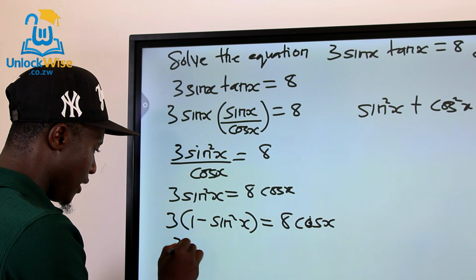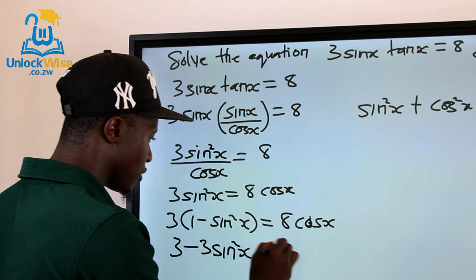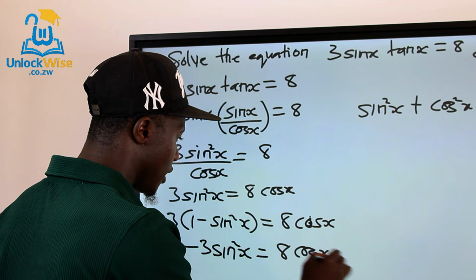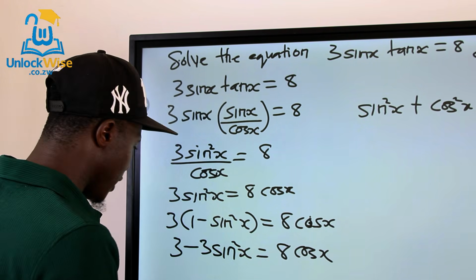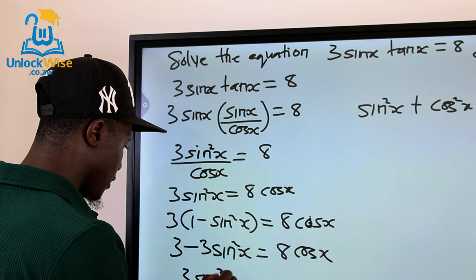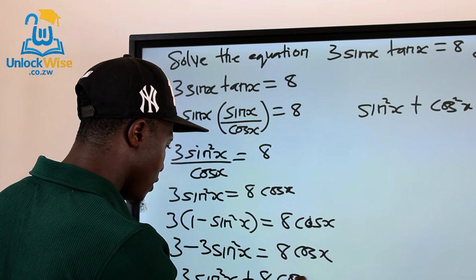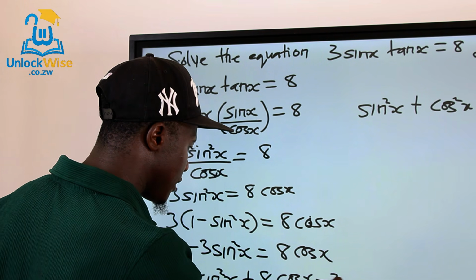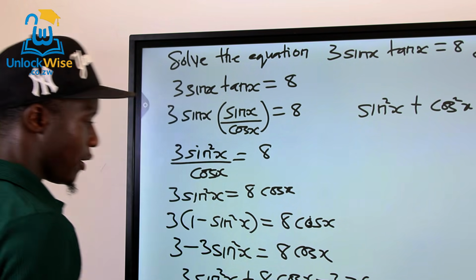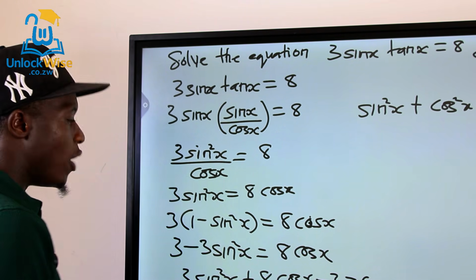So that's 3 minus 3 sine squared x is equal to 8 cos x. So let's all put them on one side. We are going to be left with 3 sine squared x plus 8 cos x minus 3 is equal to 0.